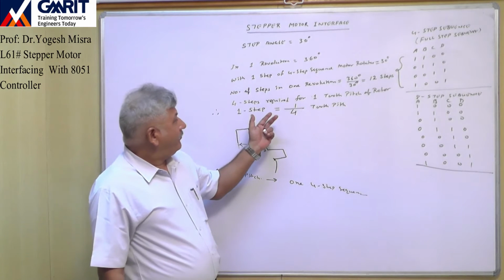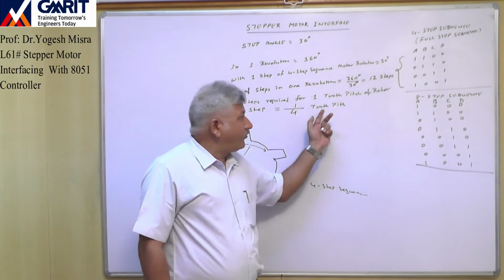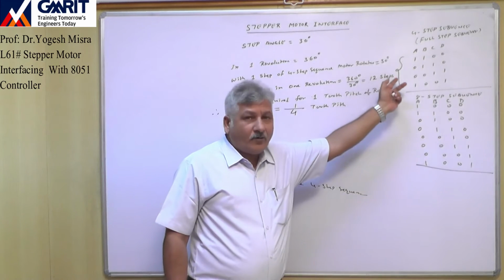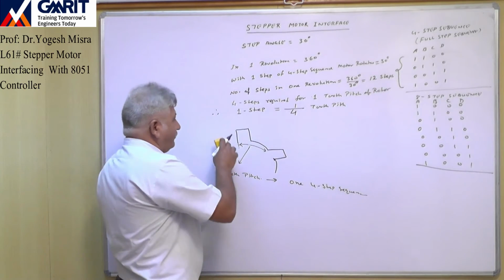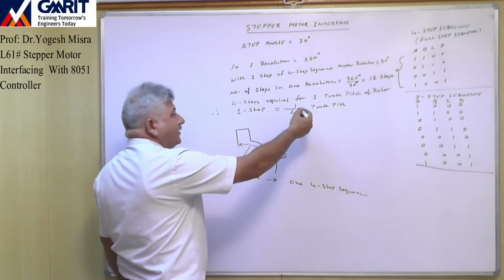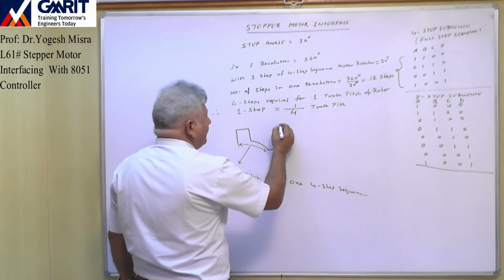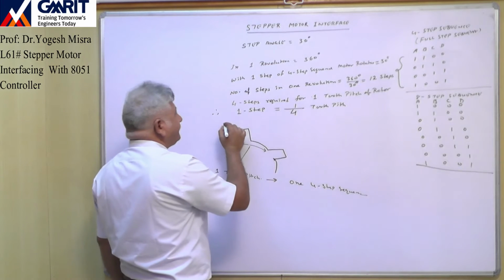Now here, in one revolution we require 12 steps in total. So you multiply this by 12.